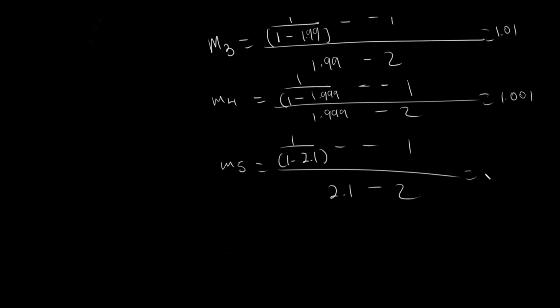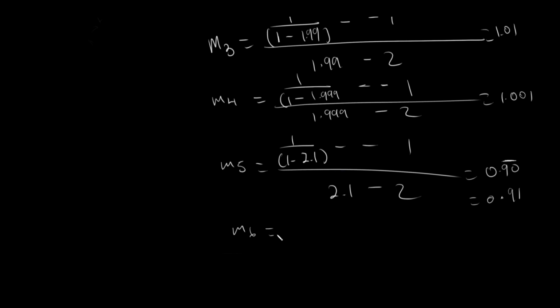This is gonna equal 0.9, and there's a bar over it, 0.19 repeating. So we can just approximate 0.1.